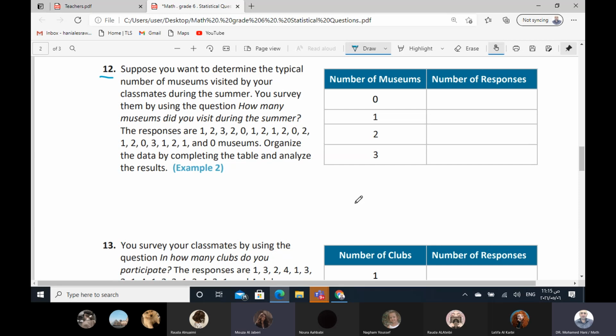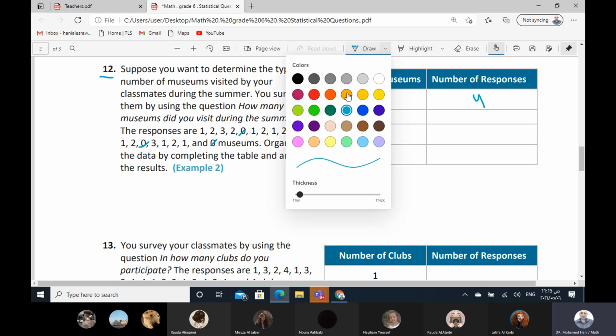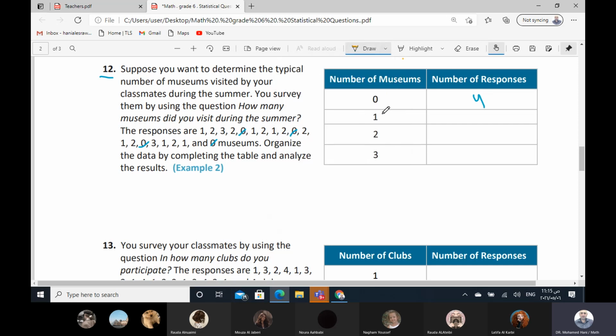Thank you. Okay, here we have number of museums: zeros. How many zeros? Here we have 1, 2, 3, 4. Then here 1.